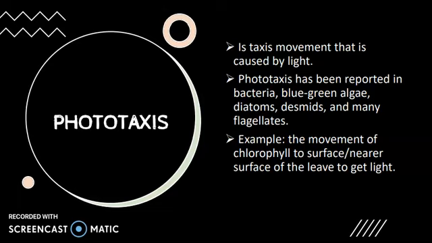This mechanism we call chloroplast photorelocation movement, but the movement is not so obvious. Photostasis has been reported in many bacteria and can also be observed in blue-green algae. Other organisms where we can see photostasis include diatoms, desmids, and many flagellates.